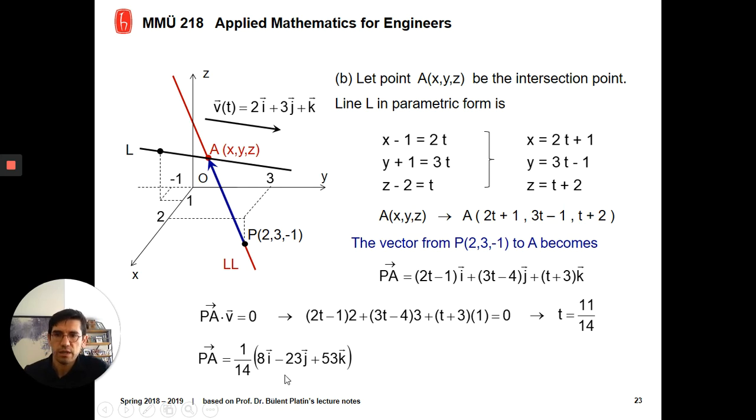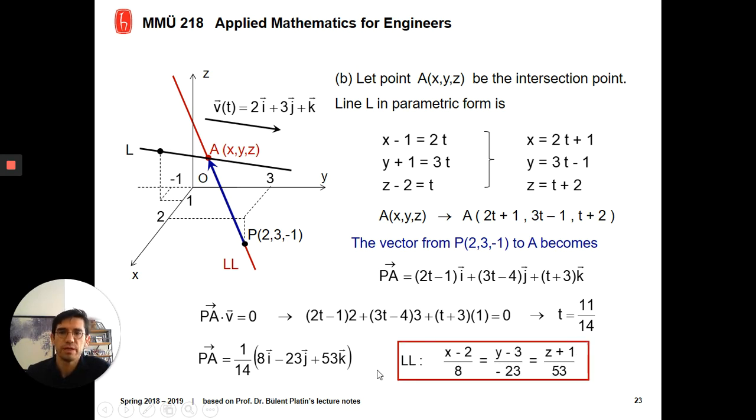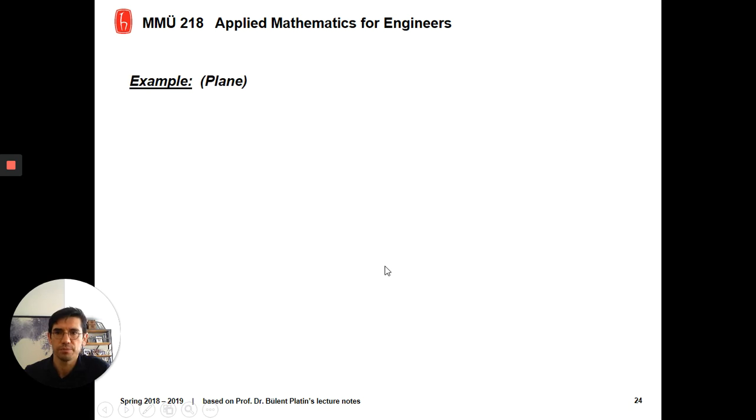In this case, I can rewrite the PA by plugging in the t, so I have the new vector on my line, and I can now use this point and this vector to find the equation of the LL line, which is now perpendicular to the L line.